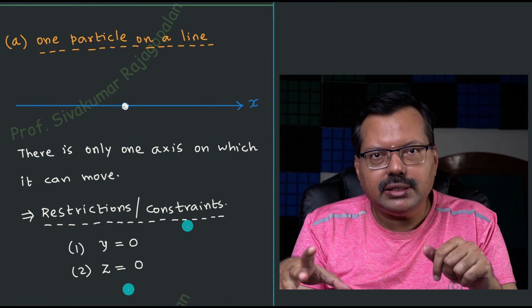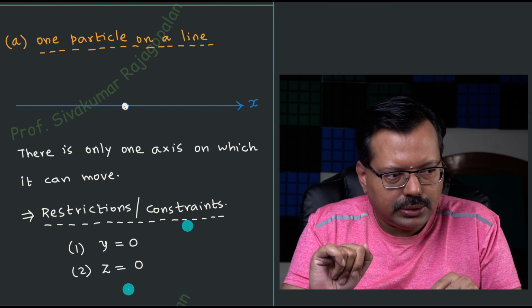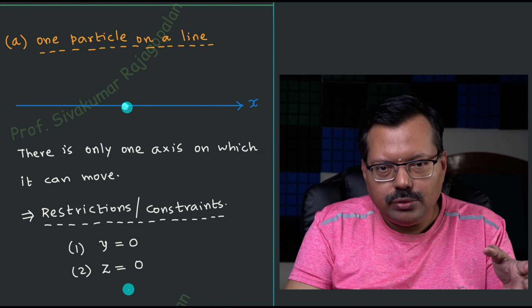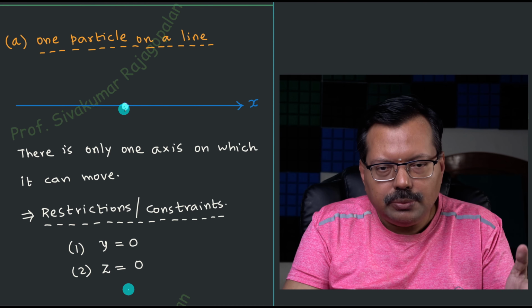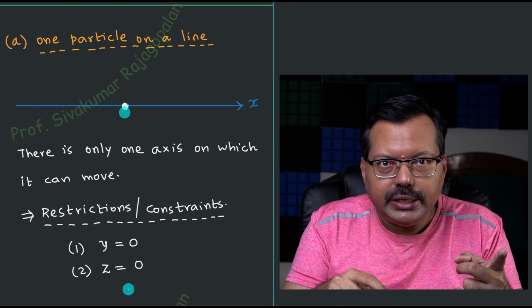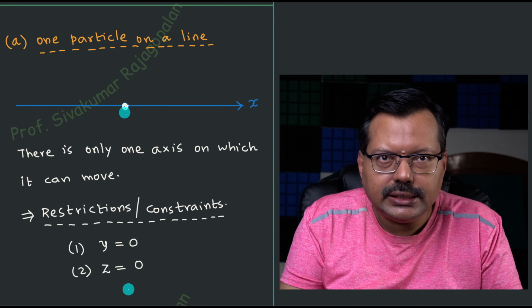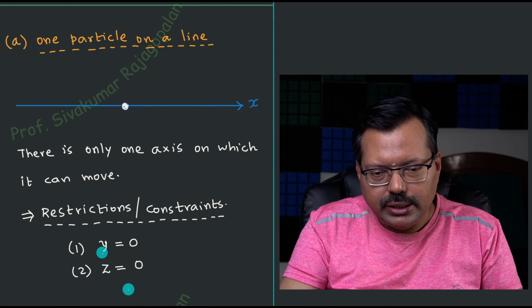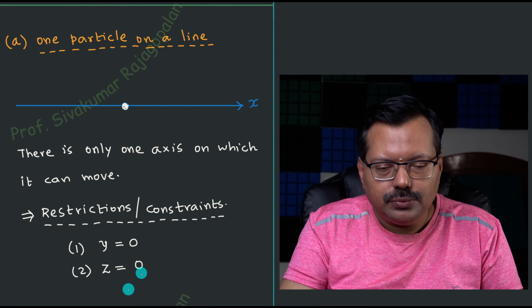Simply saying constraint will not work. An equation has to come. When you say that a particular particle is allowed only in the x direction, it means it is not allowed in the y direction, it is not allowed in the z direction. Now how do you rewrite this English sentence in mathematics? That's what I have written: y equal to 0, z equal to 0.